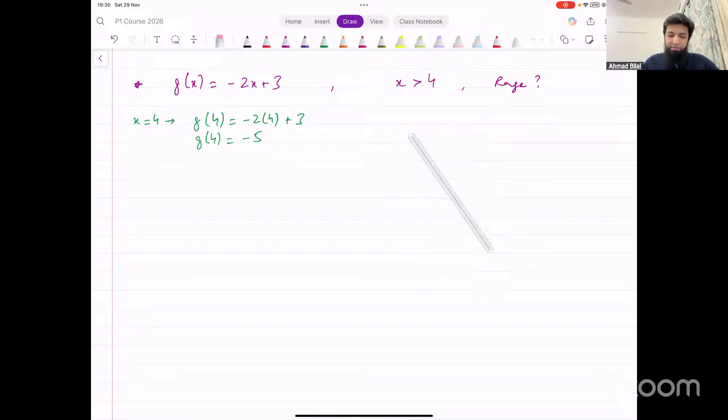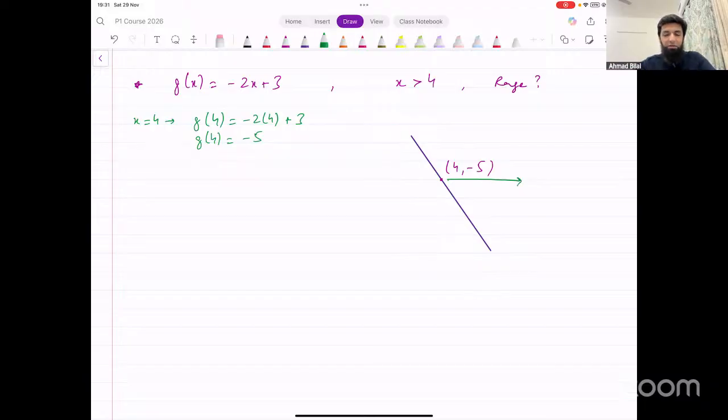On this line, there's some point where x is equal to 4. So let's suppose that point is here. X is 4 here. What about the y value? Y value is -5. They are saying x is greater than 4. So which side of this function is being considered in the domain? The right side, x greater than 4. So we are considering the right side of this function.